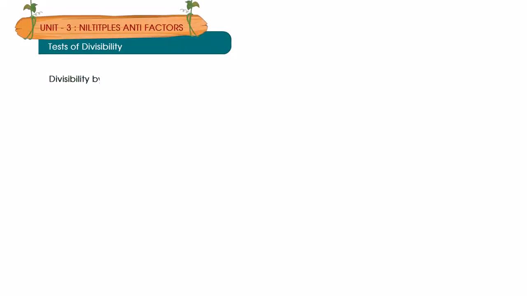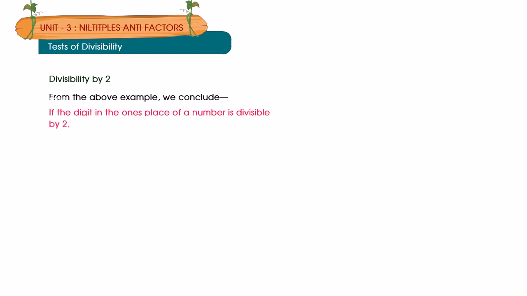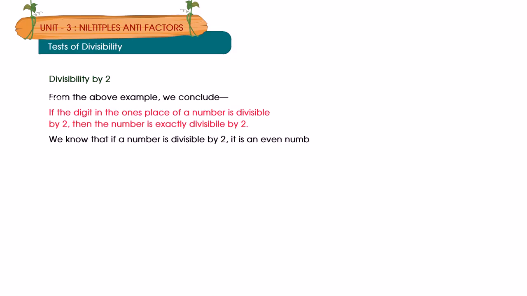Divisibility by 2. From the above example, we conclude if the digit in the ones place of a number is divisible by 2, then the number is exactly divisible by 2. We know that if a number is divisible by 2, it is an even number. The digit in its ones place will be 0, 2, 4, 6 or 8.